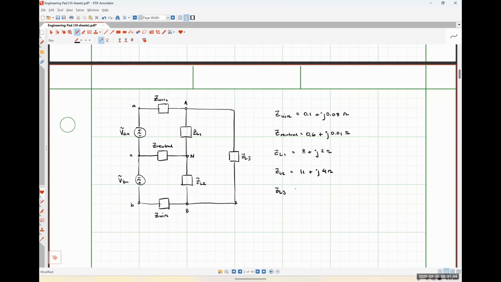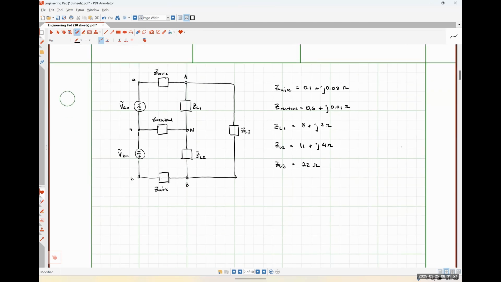And let's say ZL3 has an impedance of 22 ohms with no imaginary part. How might we go about solving for, let's say, the complex power absorbed by load 2?